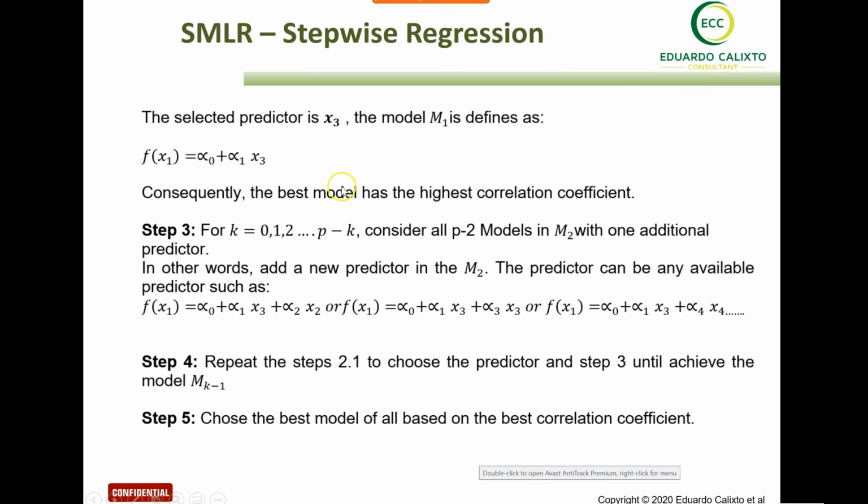So by doing that, we build the first term in this equation, where we choose x3, and then we go to the next step. Now we have this equation that we used previously, and then we need to add another predictor. So we already have x3, so we can have different combinations. This one using x2, this one we can use x4. We do not use x3 again, we use x5, and so on.